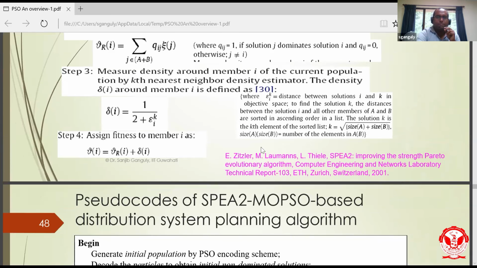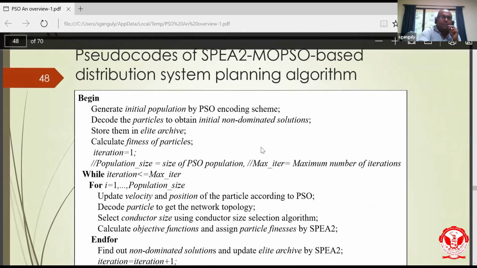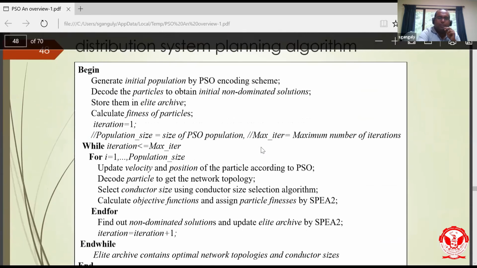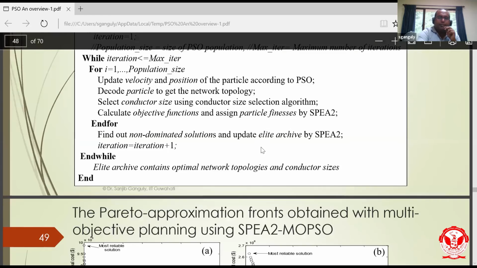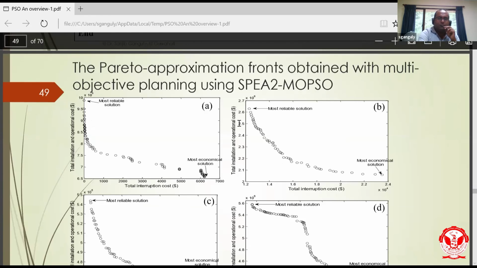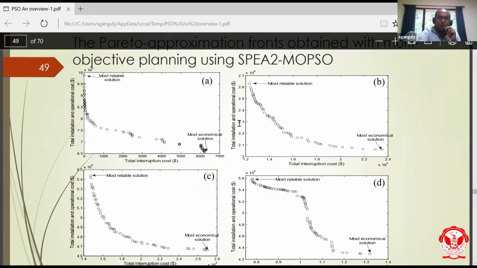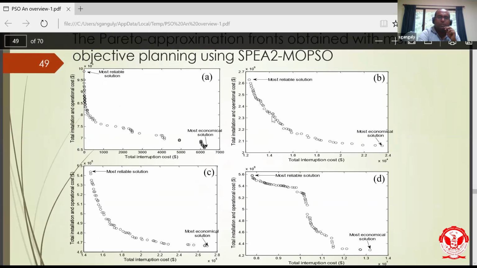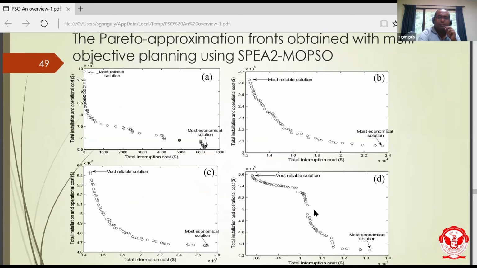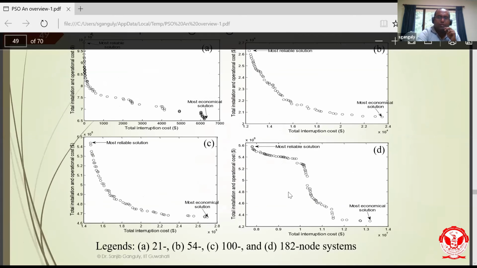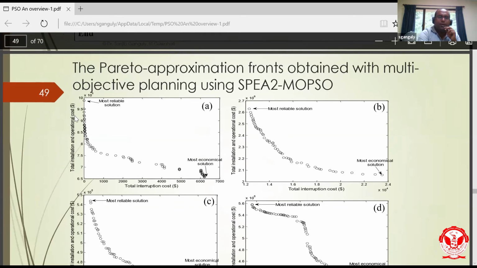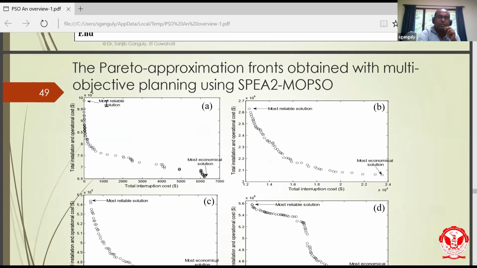This was my pseudo code to solve the problem, and these were the solutions I got for four different networks: this one for the 21 node system, this one for 54, this for 100 node, and this for 182. You can see we got different solutions, where these two extreme solutions are the most reliable and the most economical.